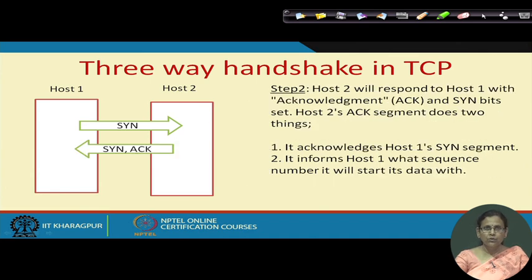So, in step 2 of this handshaking procedure, host 2 responds to host 1 with an acknowledgement and some kind of sequence bit set. This acknowledgement segment does two things. First, it acknowledges host 1's synchronization number segment, then it informs host 1 from which sequence number it will start taking the data.